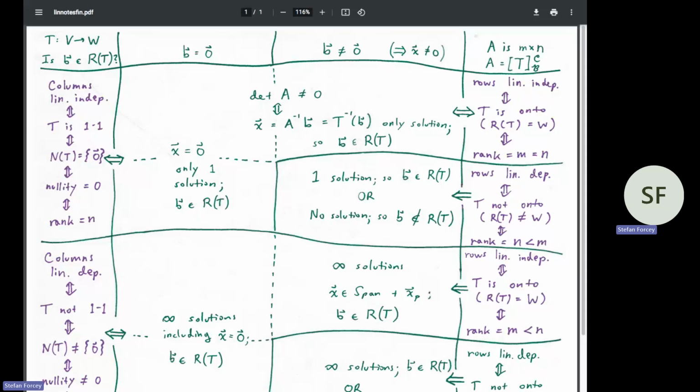Now, if the rows are linearly dependent, it's no longer square. In this case, the rank is still equal to n because of the columns being linearly independent, but that must be smaller than m. In other words, there must be more rows than there are columns, so we'll be seeing some extra rows possibly.